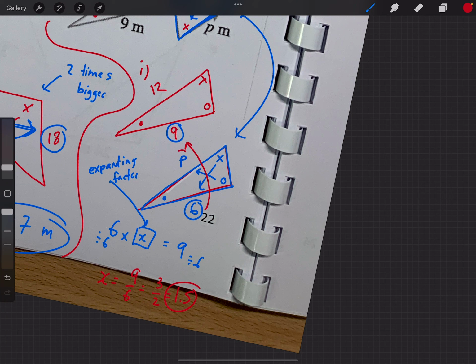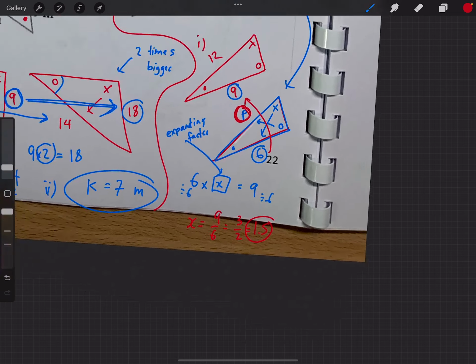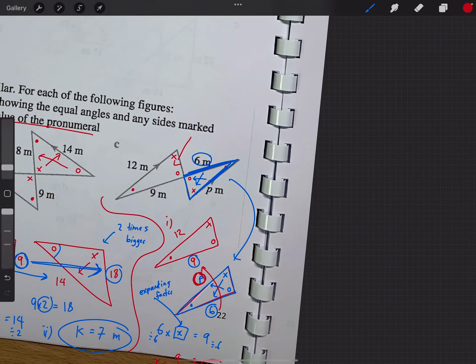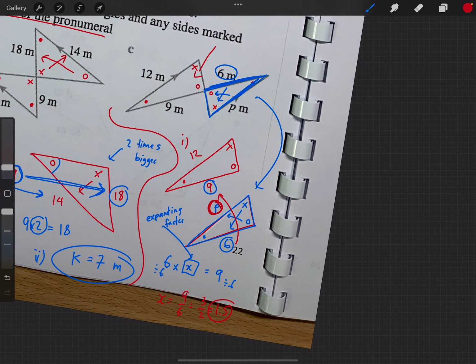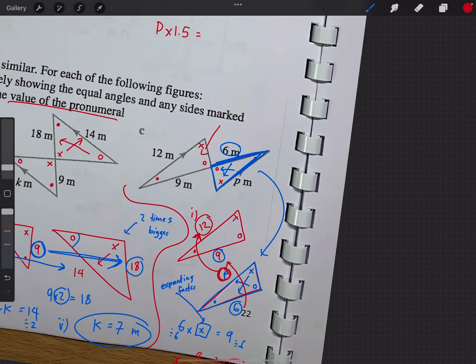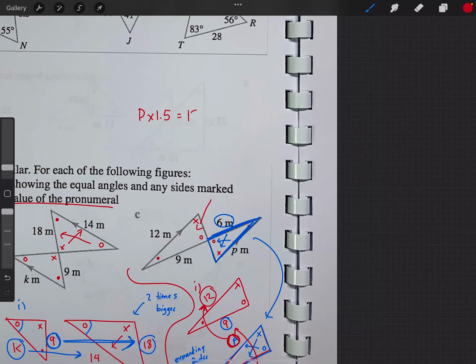Now to get the value of p, I have no more room, so I'm going to write up here. We know that p times 1.5 will give you this length here. The corresponding length will be 12. So p times 1.5 is equal to 12, so p is equal to 12 divided by 1.5.